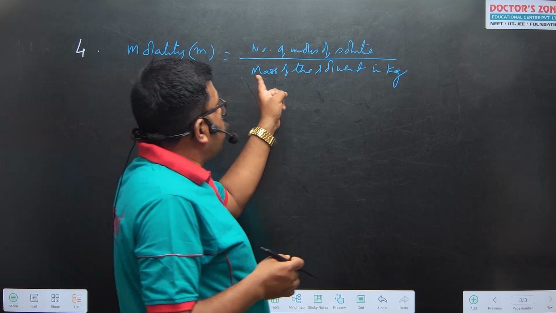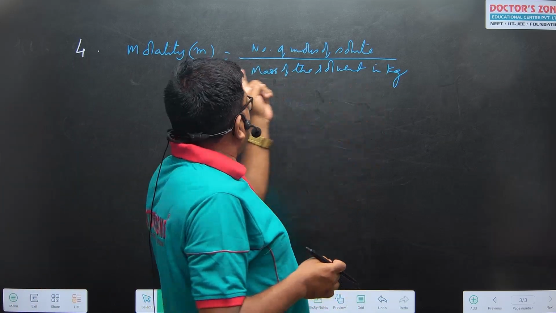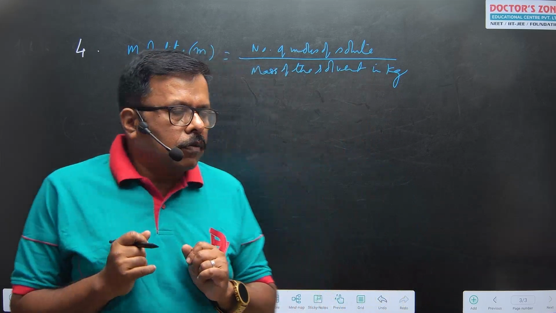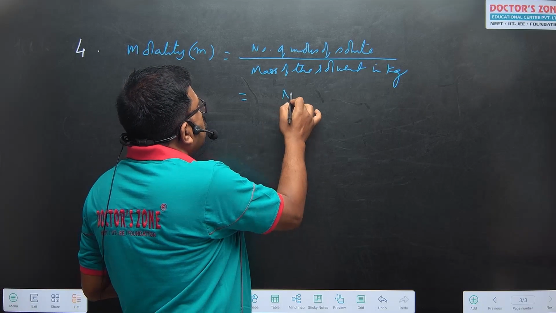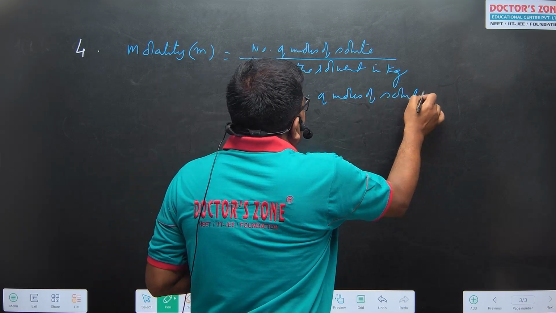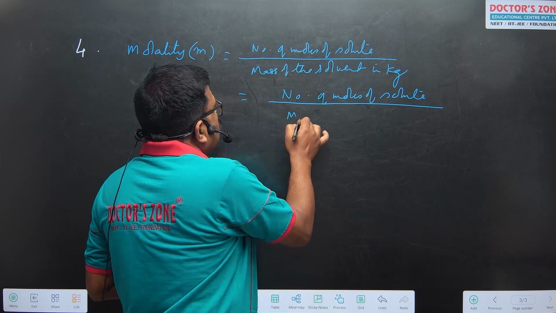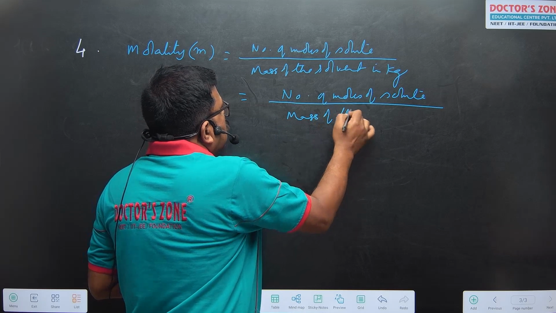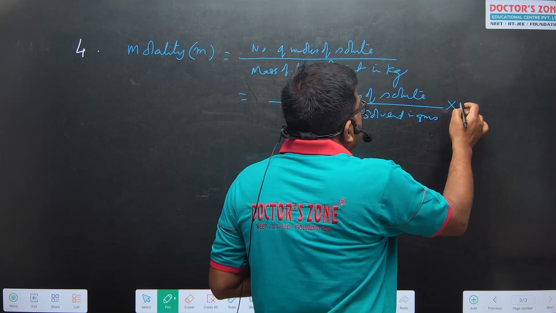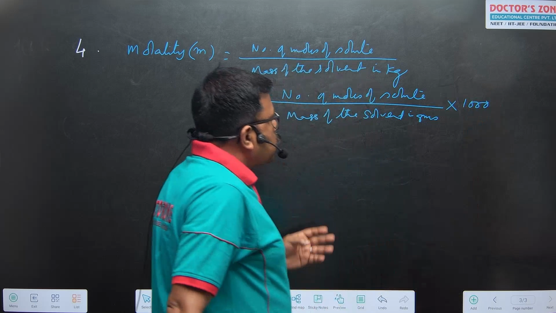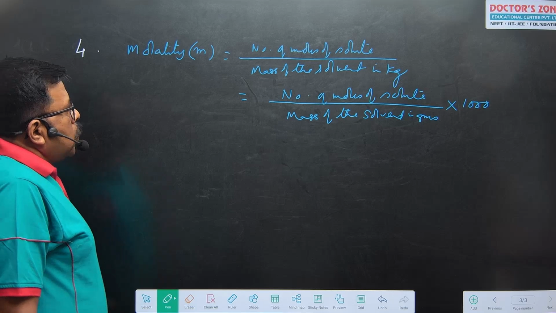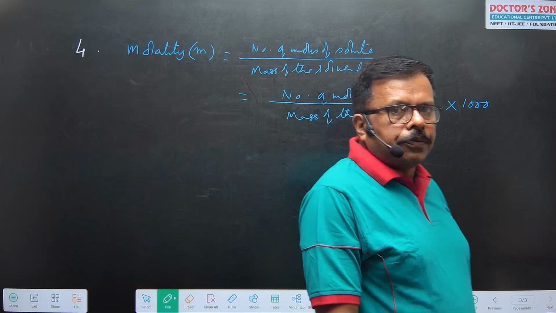Molarity में volume of the solution था नीचे, अभी molality में mass of the solvent in kg. इसको हम ऐसा भी लिख सकते हैं, number of moles of solute by mass of the solvent in grams into 1000. अगर सॉल्वेंट का मास ग्राम्स में है तो ये 1000 से मल्टीप्लाई हो जाएगा. So in this way we get molality of the solution.